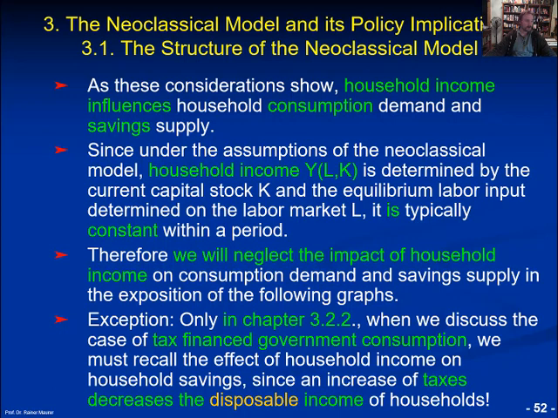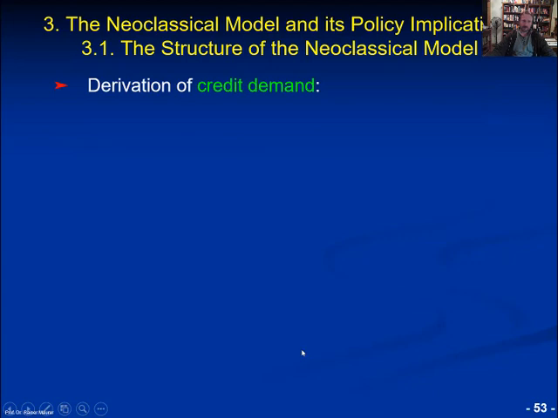We must record the effect of household income on household savings, since an increase of taxes decreases disposable income of households, such that we have to shift the savings function to the left. Since savings supply is equal to credit supply, we now know the supply side on the market for credits. The next step is to derive the demand for credits.